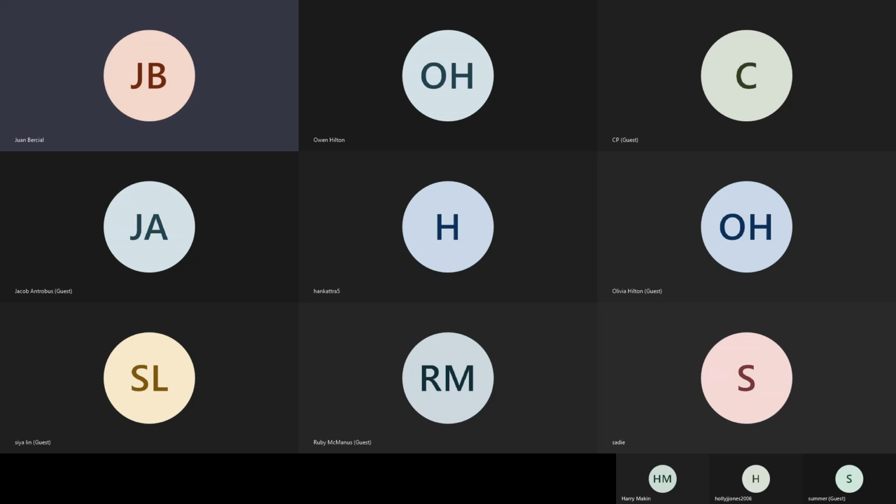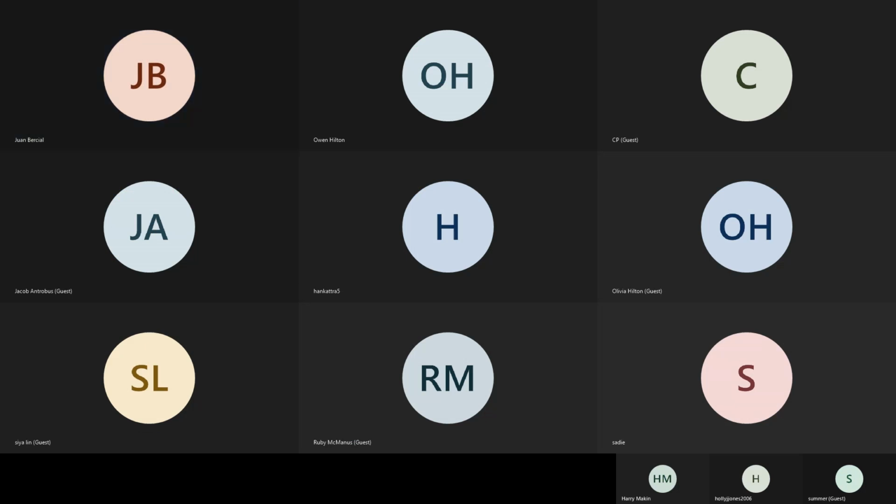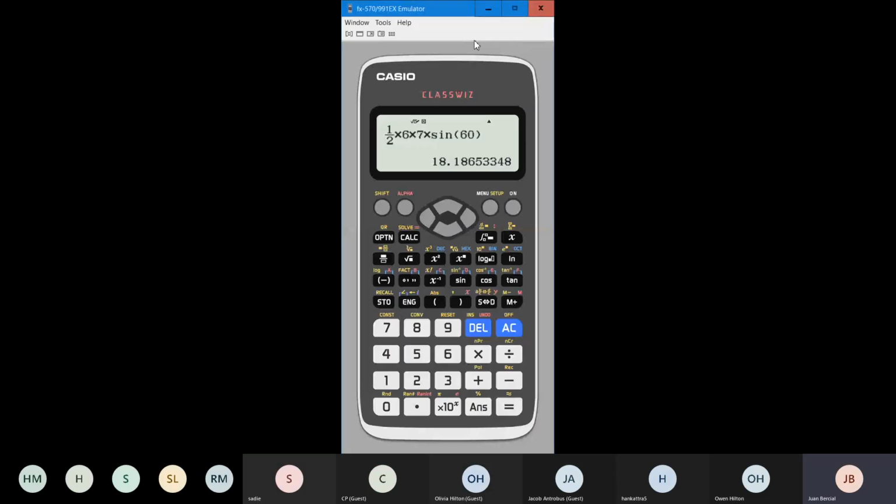So if we do it that way, we go into the calculator and we just type it as we've got it there. Remember, on your calculator, you go shift, sine -1, open the bracket, close the bracket, so we don't go wrong.